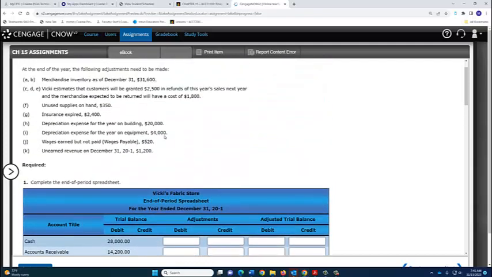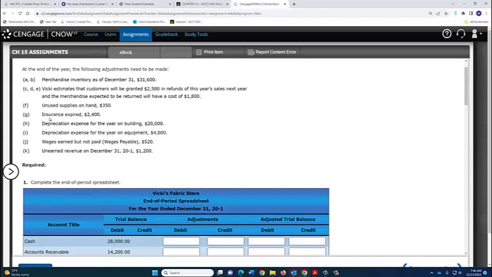In the next entry, the insurance that expired is $2,400. This is telling us the amount that was used up. So all we need to do is figure out the accounts and use this figure.